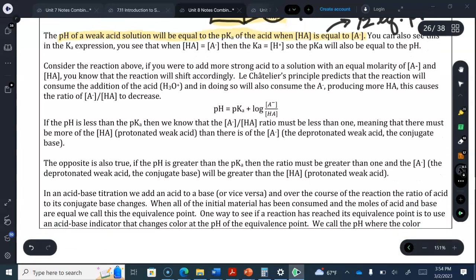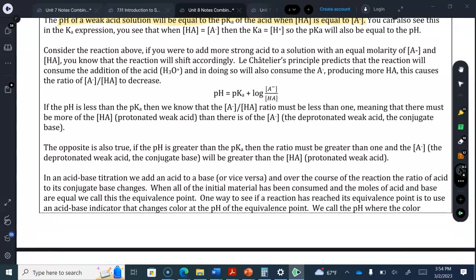Consider the reaction above. If you were to add more strong acid to the solution with equal molarity of the conjugate base and the acid, you know that the reaction will shift accordingly. Le Chatelier's principle predicts that the reaction will consume the addition of the acid, and in doing so will also consume the conjugate base, producing more of the acid.